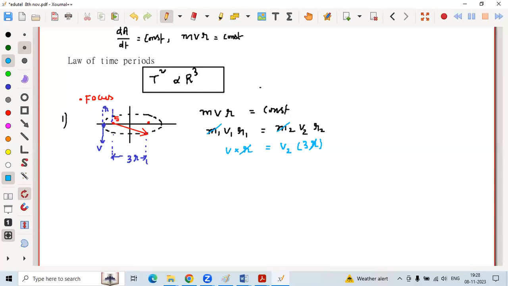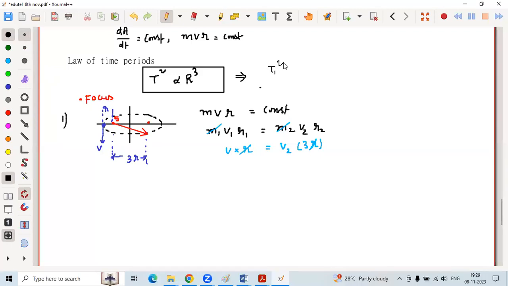Okay, next question. T square is directly proportional to r cube.